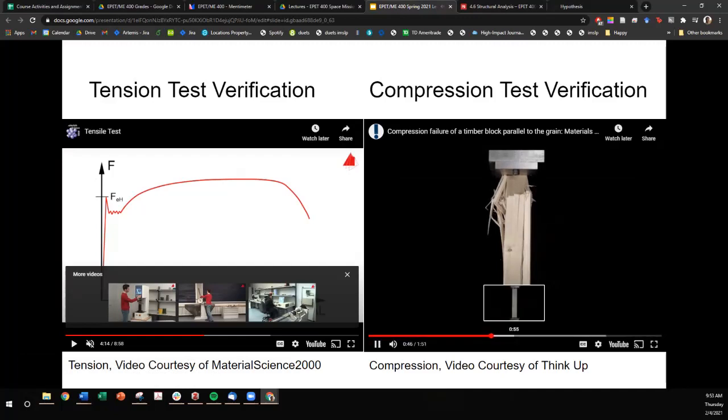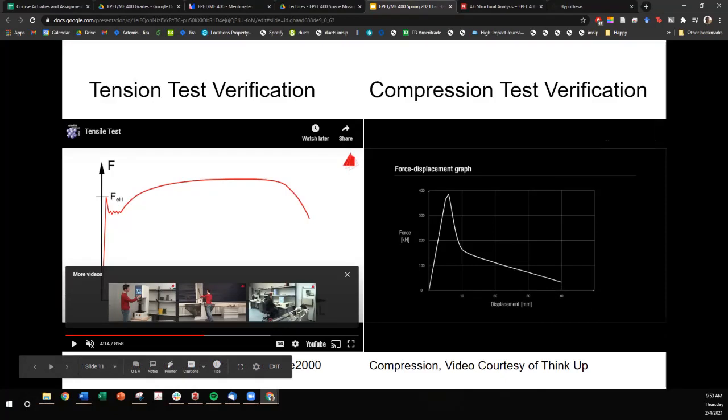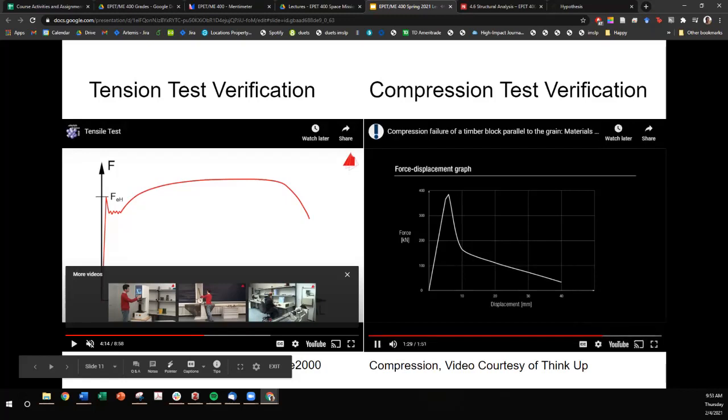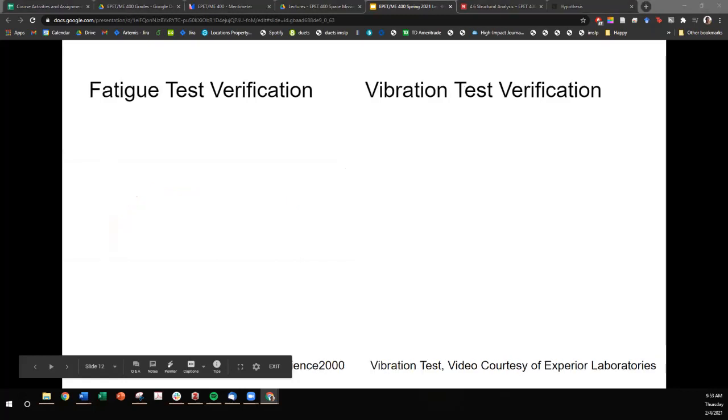At failure, a number of fibers buckle simultaneously, producing a local reduction of strength. It shows an initial linear force displacement relationship up to the point in which fiber buckling occurs. At this point, buckling instability is triggered and a sharp reduction in the compressive capacity of the specimen follows. That's what compression looks like. Same kind of machine setup.